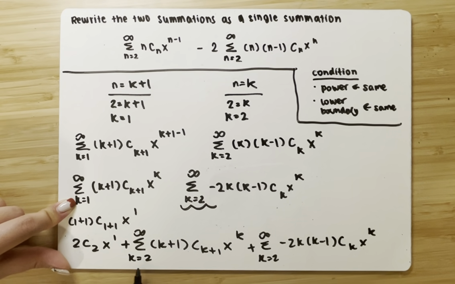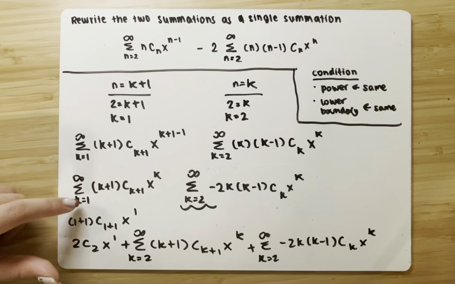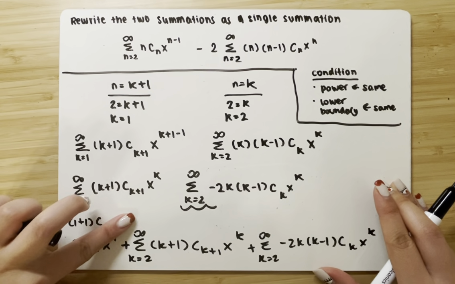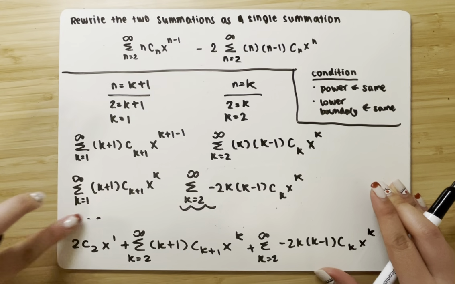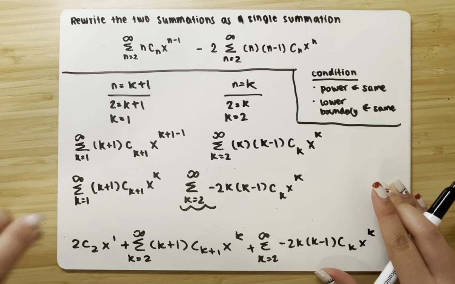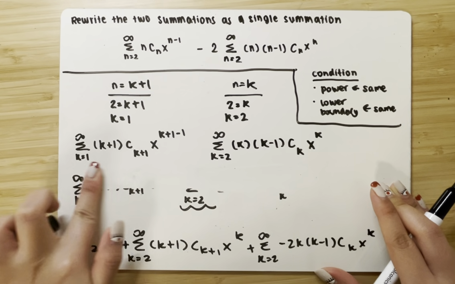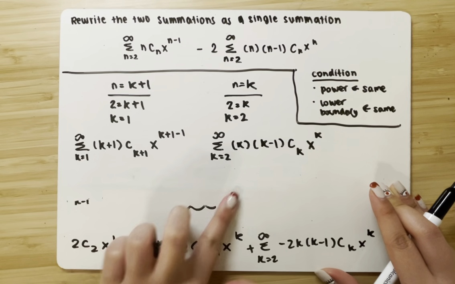Okay, now you have powers the same and lower boundaries the same. But that is not all. You can clean this up a little bit. So if we can clean it up, let's clean it up.